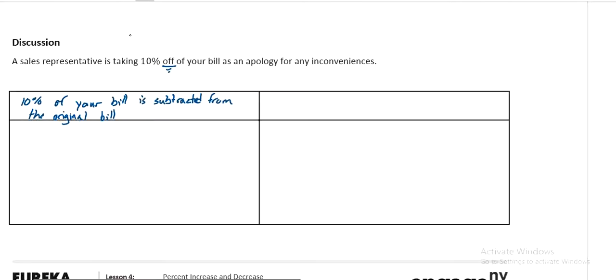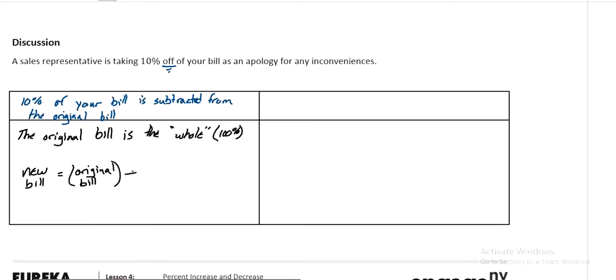So down below, that equation will kind of go like this. The original bill is the whole, which is 100%. And the new bill will be, we have new bill equals, we're going to take the original bill and we're going to subtract 10%. To find 10%, we're going to take that as a decimal, which is 0.1, or we could put 0.10, doesn't matter that much. And we're going to multiply that by the original bill.